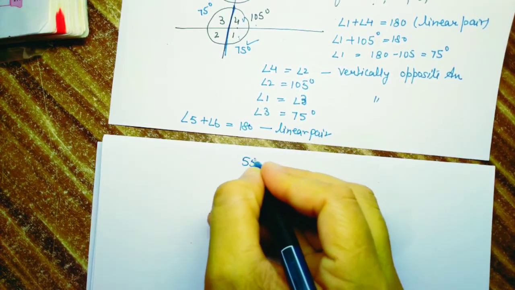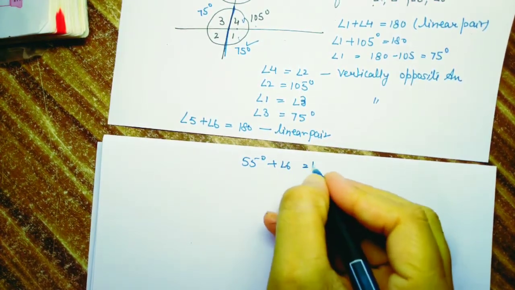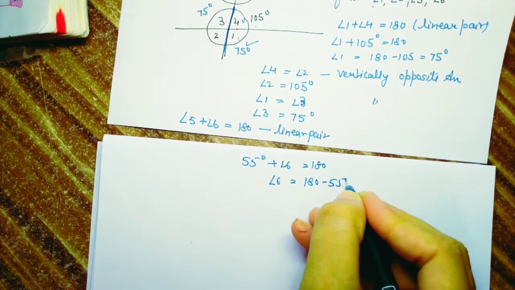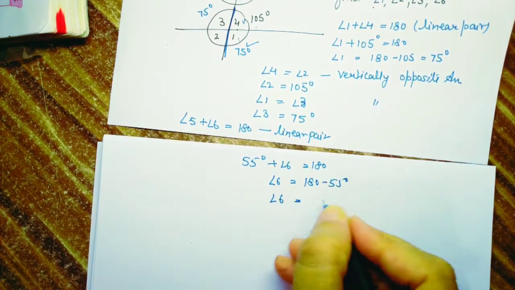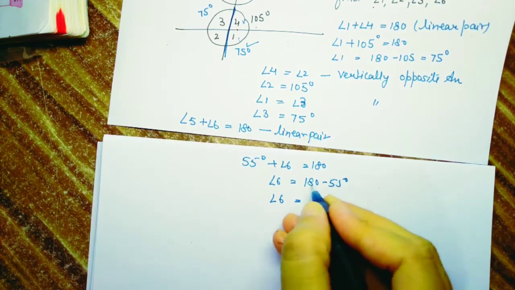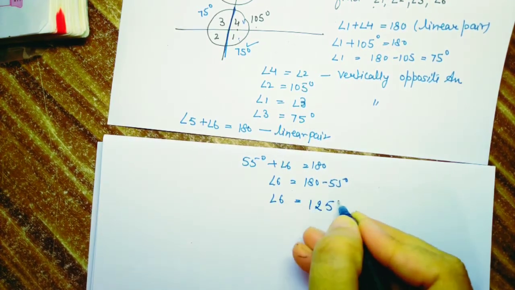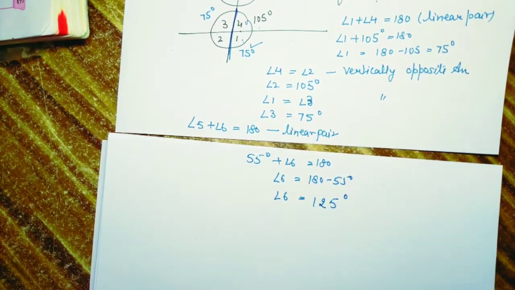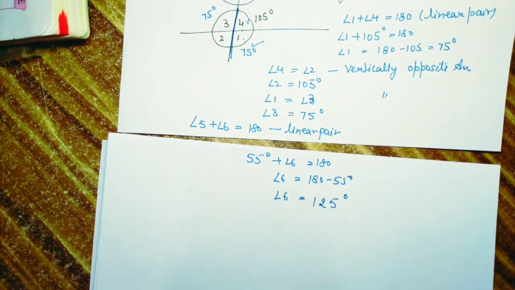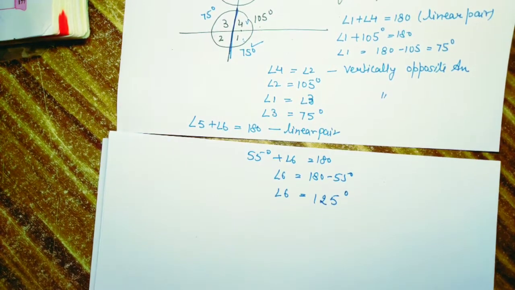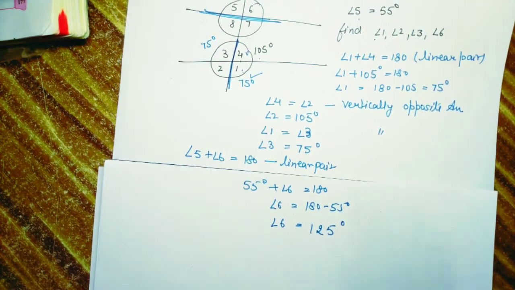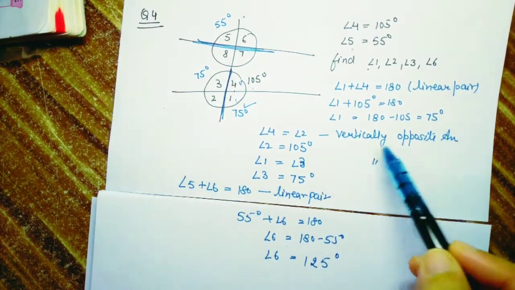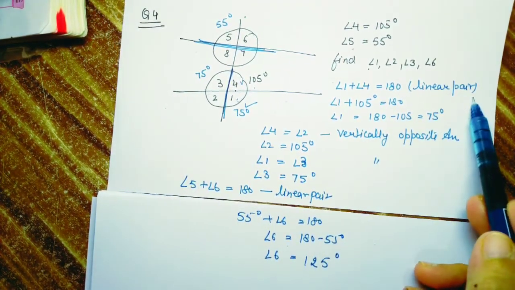So 55 degree plus angle 6 equals 180 degree. Angle 6 equals 180 minus 55 degree, that is 125 degree. So angle 6 is 125. Okay. So now you understood this one. What basic concept have we used here, students? Vertically opposite angles and linear pair.